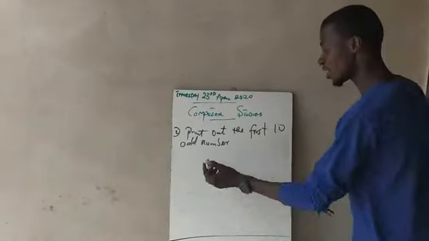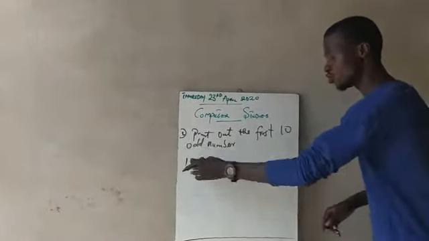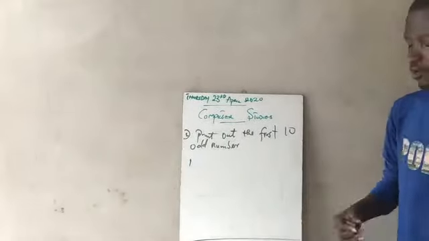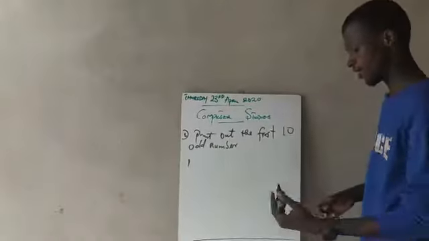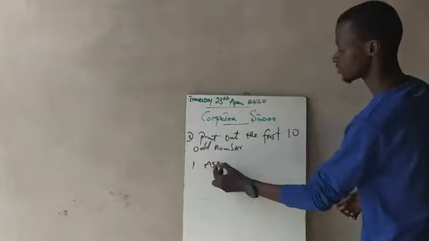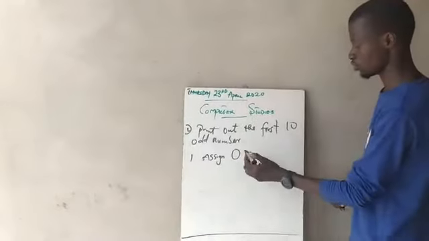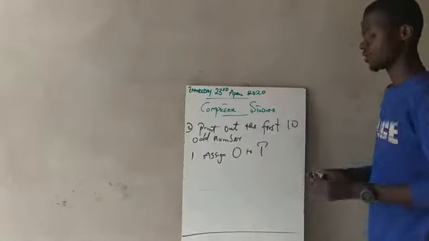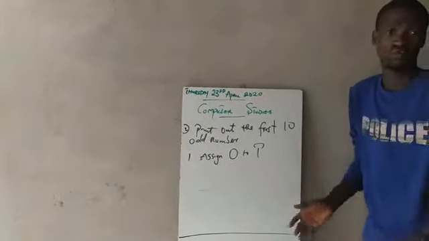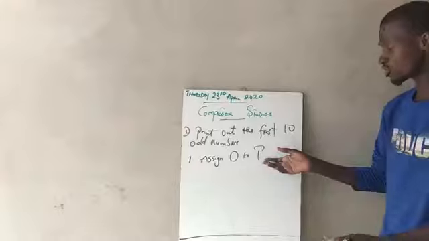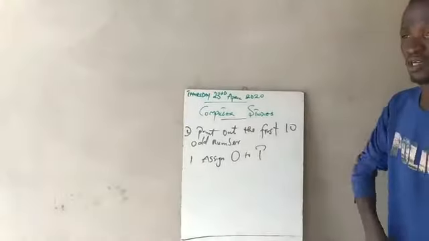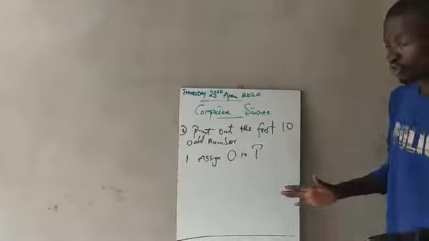So for step 1, you can just say assign 0 to p. Mind you, I'm picking p as an example. You might decide to use any letter of your choice.